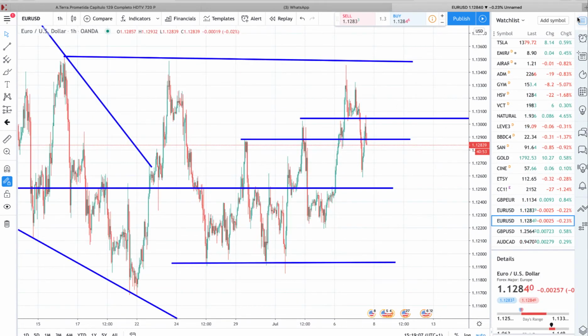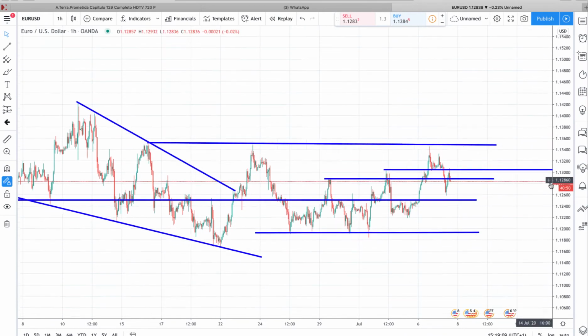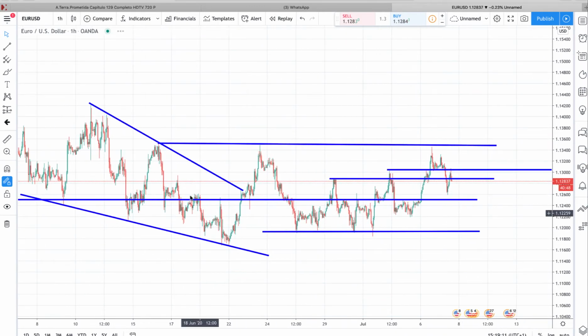So this is yours, Alex. I personally find this one slightly more confusing than the other one, because of the amount of lines. I don't know which line I could use as a base, to be honest.